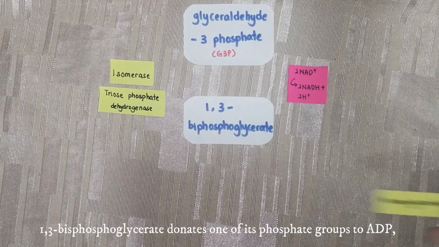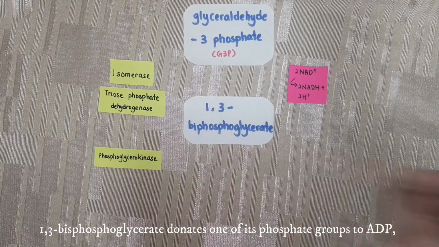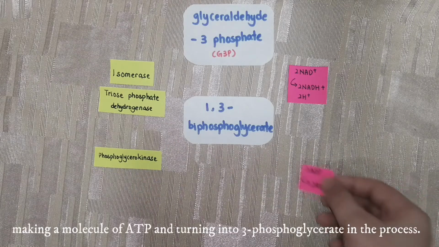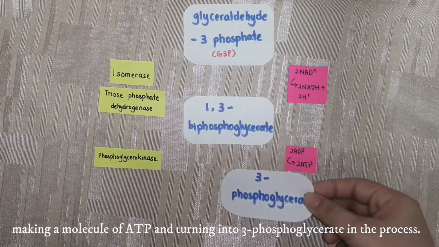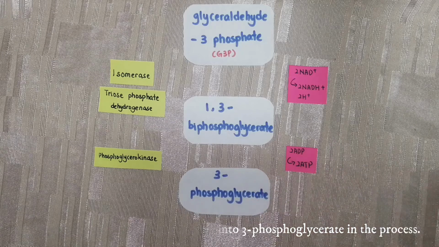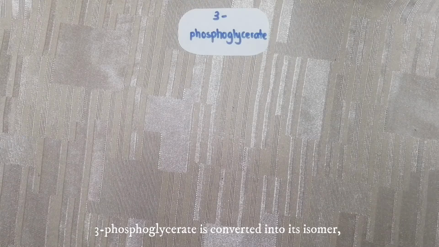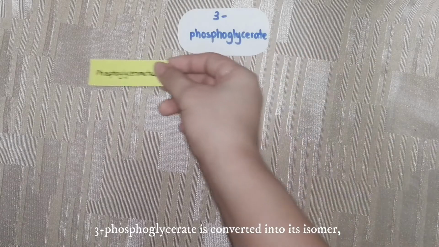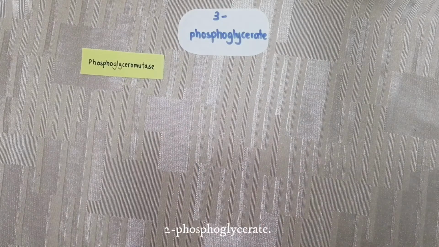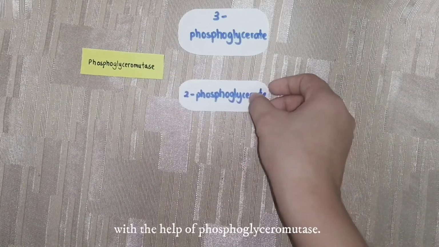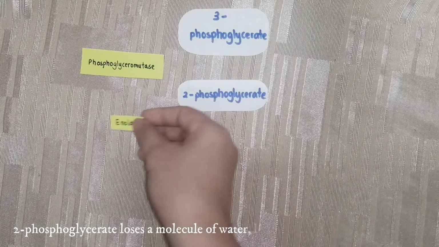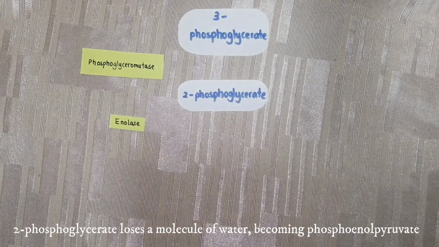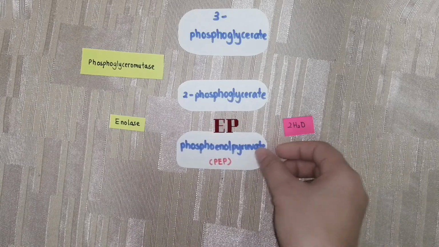1,3-biphosphoglycerate donates one of its phosphate groups to ADP, making a molecule of ATP, and turning into 3-phosphoglycerate in the process. 3-phosphoglycerate is converted into its isomer, 2-phosphoglycerate, with the help of phosphoglyceromutase. 2-phosphoglycerate loses a molecule of water, becoming phosphoenolpyruvate (PEP).